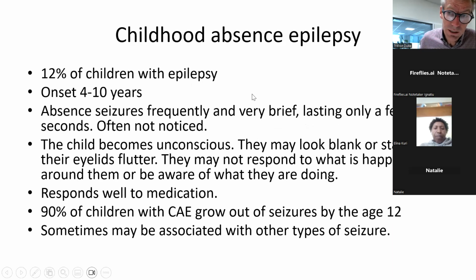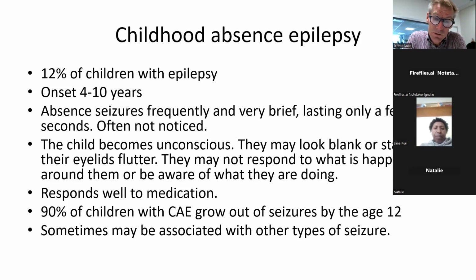The next clinical syndrome is called childhood absence epilepsy. And again, benign Rolandic epilepsy causes about 15% of epilepsy in children, and childhood absence epilepsy causes about 12%. Again, the onset is somewhere between 4 and 10 years. And absence seizures are important to recognize because they're often very difficult to spot.